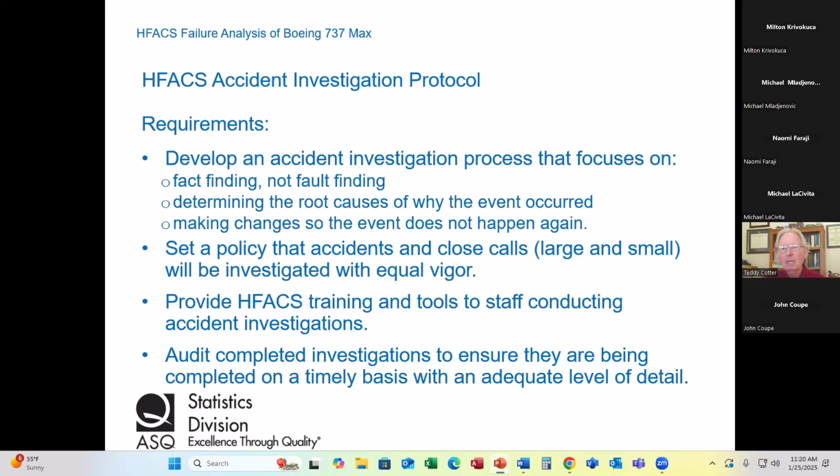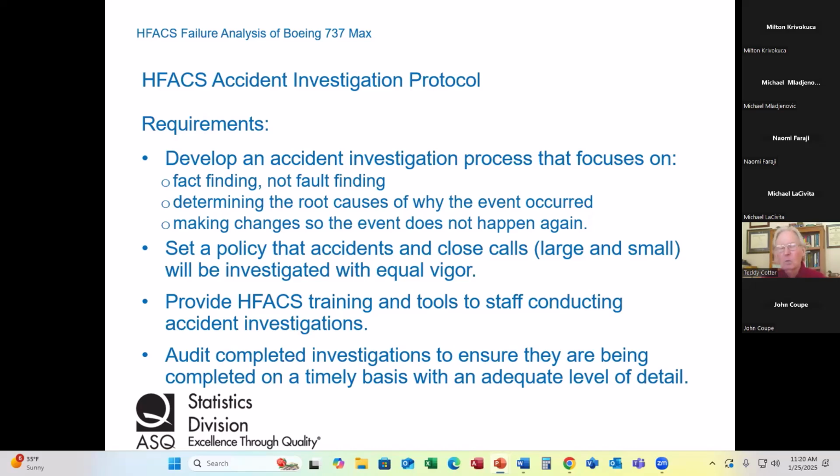Set a policy that accidents and close calls, these incidents large and small, will be investigated with equal vigor. Provide HFACS training and tools to staff conducting accident investigations, and then audit completed investigations to ensure they are being completed on a timely basis with an adequate level of detail.